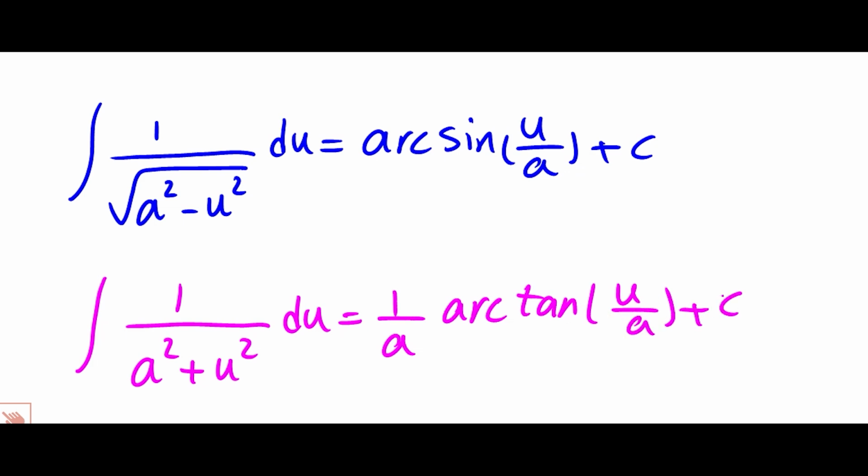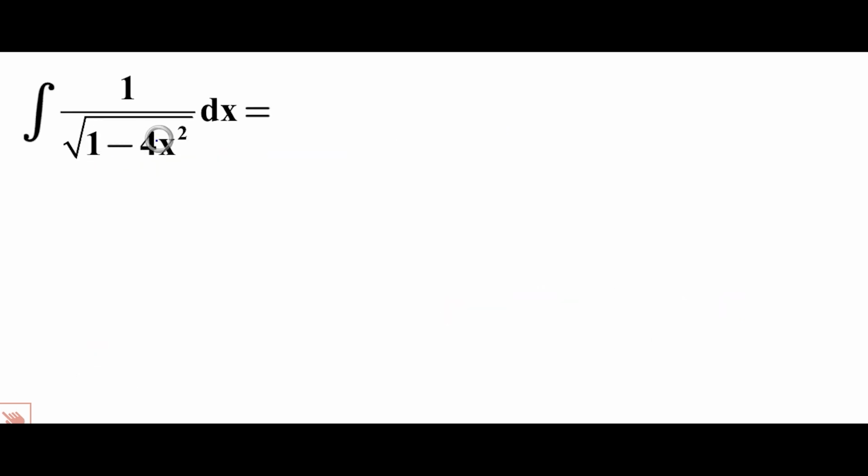Essentially, our goal is to rewrite the expression so it matches the standard formula. So this one is a little more interesting because it does not immediately look exactly like the standard formula.